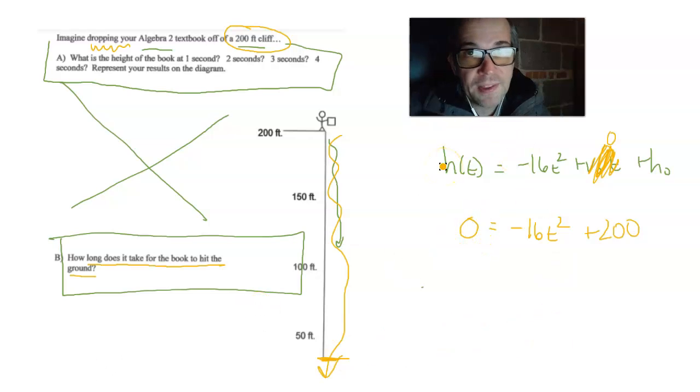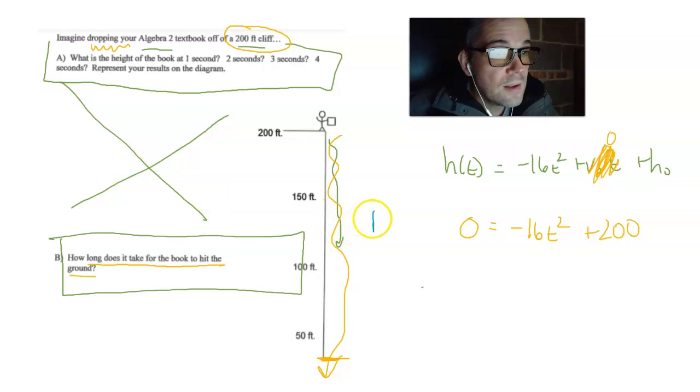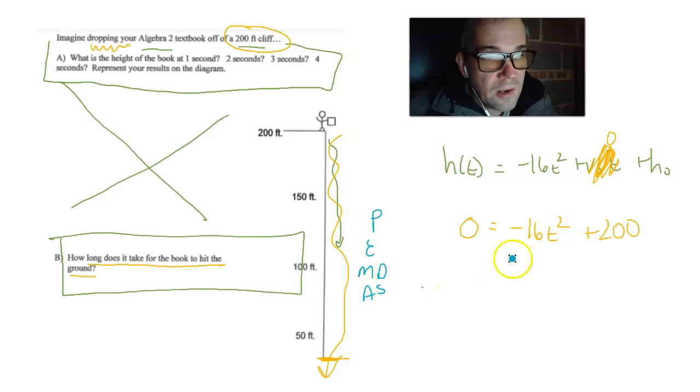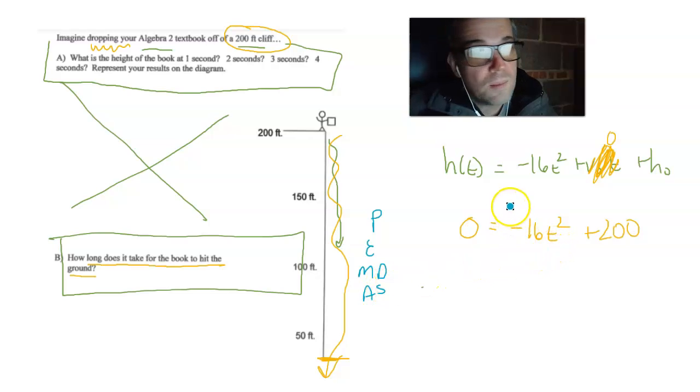My hope is that this looks like a very straightforward problem that we've been working on and solving. We're going to solve this for t by doing PEMDAS in reverse. If you're ever doing algebra and you're a little unclear, and there's just one unknown in the problem, draw yourself a little PEMDAS tower.